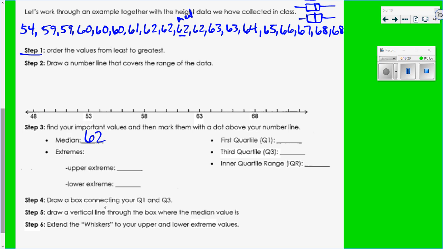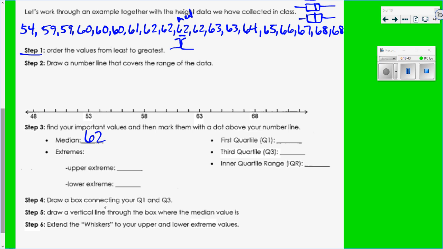Now, what I'm going to do is bracket from that point. I'm going to go higher and lower for my first quartile and my third quartile. Because this was an odd data set, the 62 is going to be my break point for both of those. So how many numbers did I say I have on the lower half? 9.